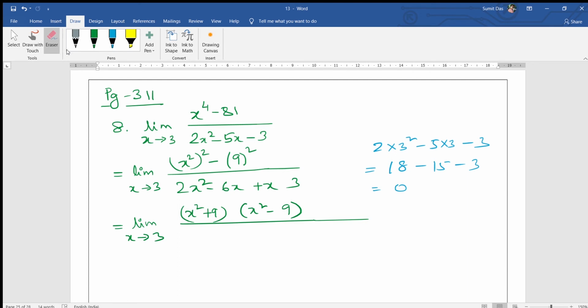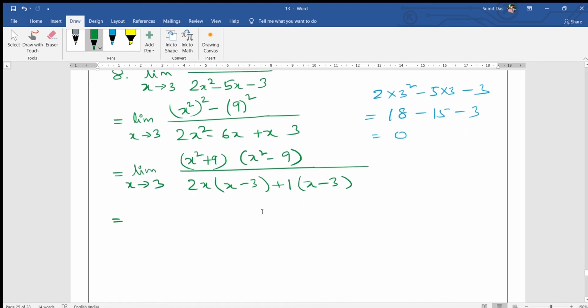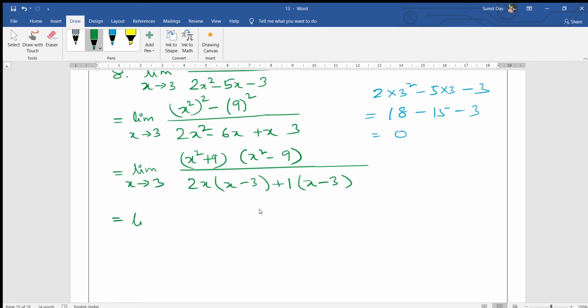If you take 2x common, it will be x minus 3. If you take 1 common, it will be x minus 3. Then limit x tends to 3. In the denominator we can take x minus 3 common, and it will be 2x plus 1.